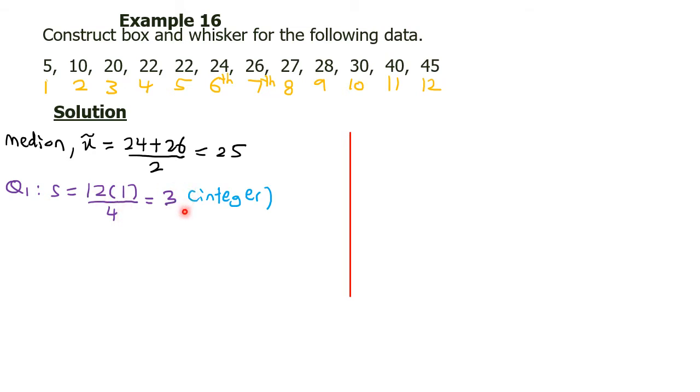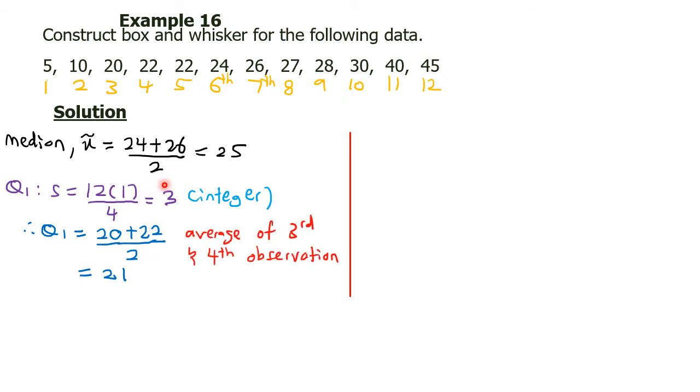We find the value is 3. Remember this 3 is an integer. Therefore, the first quartile would be the average of the third and fourth observation, which here means 20 and 22. So 20 plus 22 over 2 would be 21.